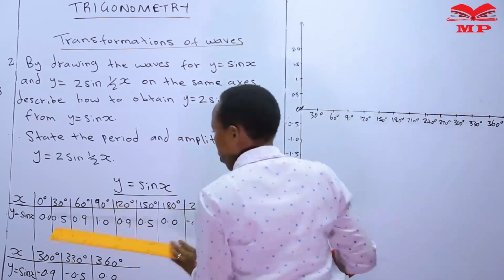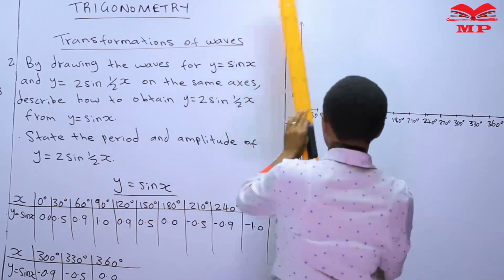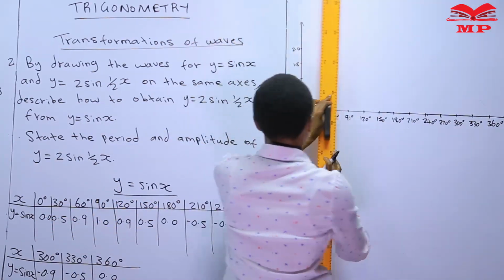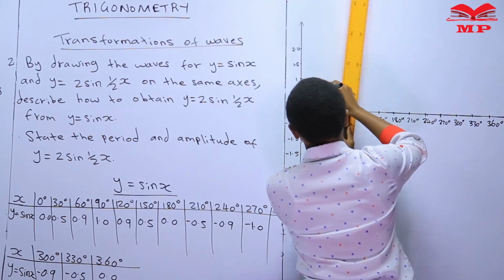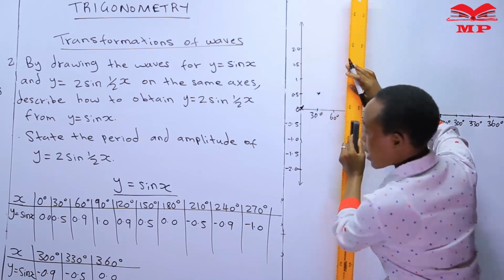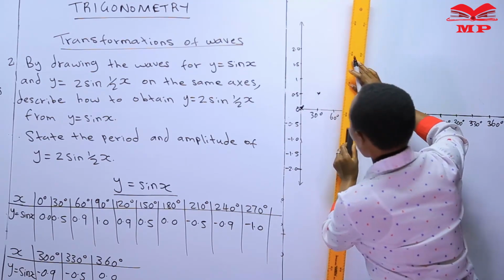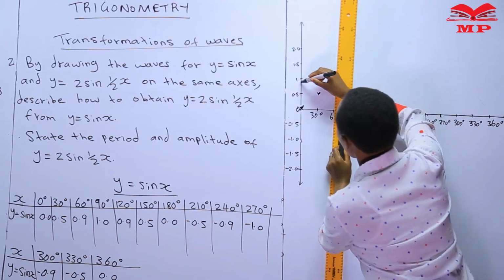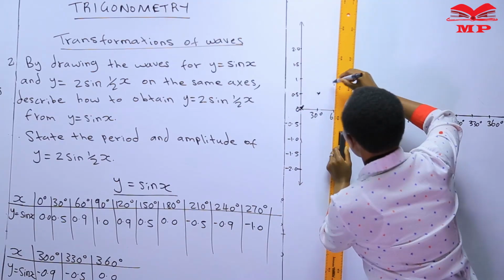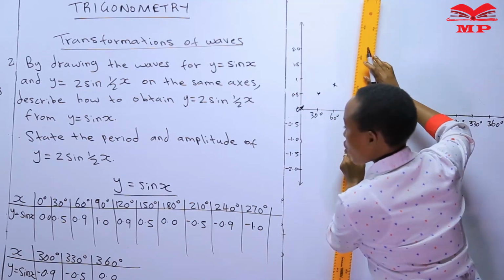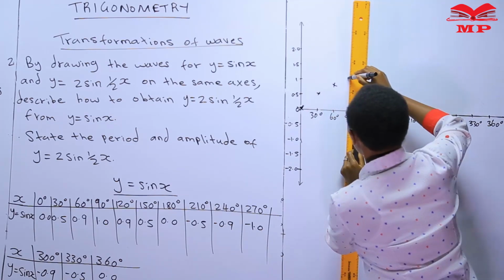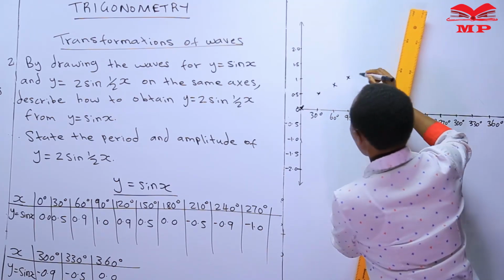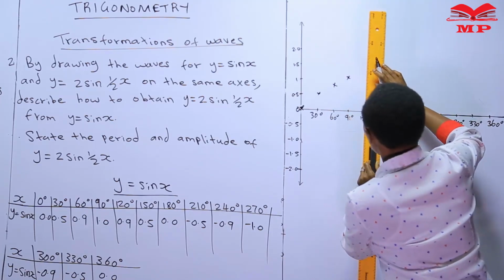So we plot that once again: at 0, 0; at 30, 0.5; at 60, that is 0.9, almost 1 here. Then we have 90, which is 1. Then 120, again we have 0.9.